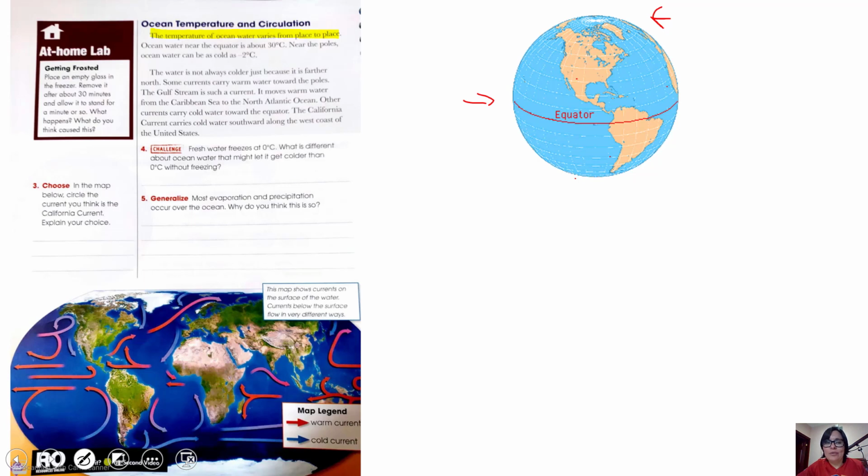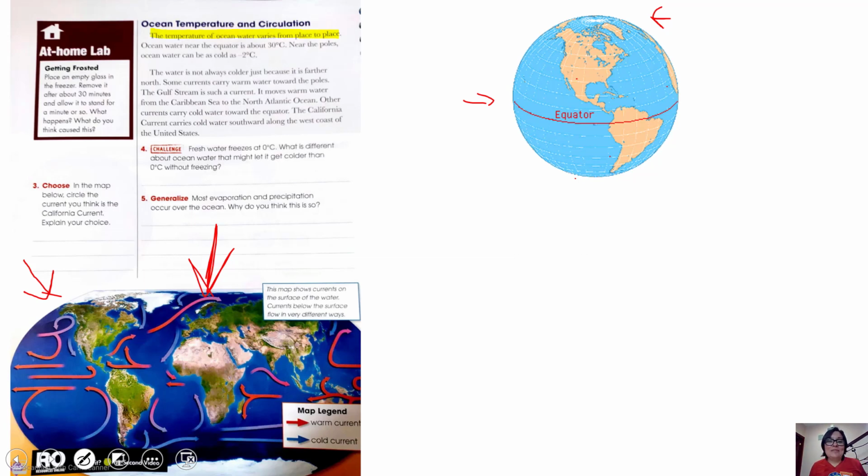And how is that possible? I want you to see this map here in your book, 232, the map that I am showing you here. What do you see in the ocean? A lot of arrows, right? Those arrows are currents, corrientes de agua, currents.